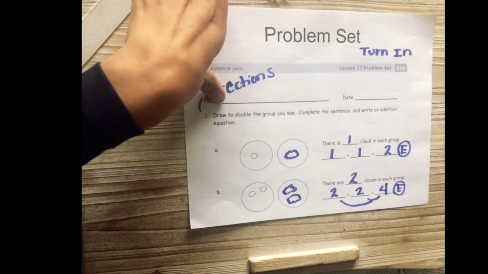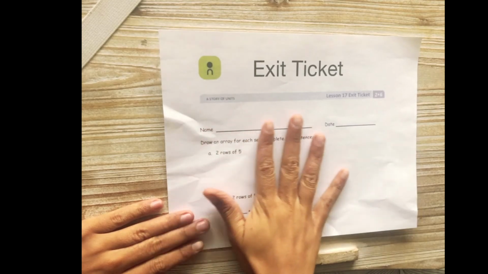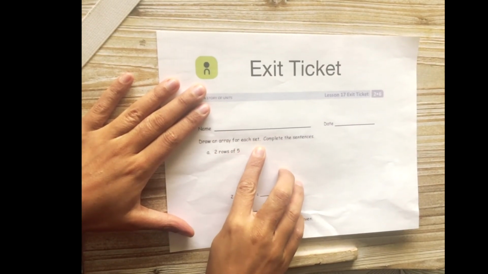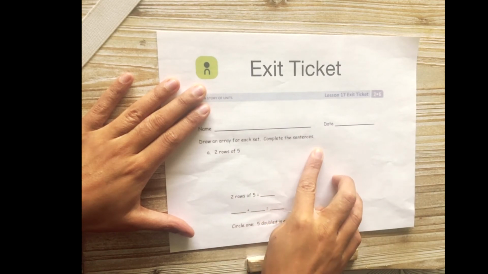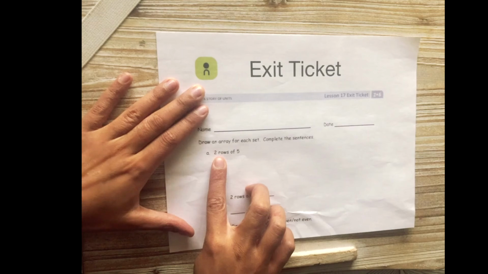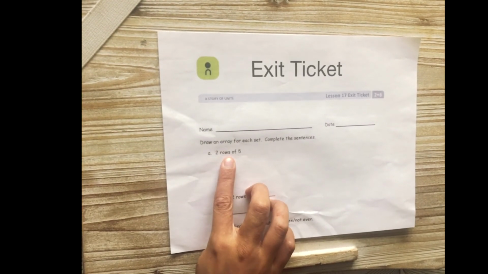Now the last thing I want you all to pay attention to before we get ready to wrap up is your exit ticket. In your exit ticket, you're going to draw an array for each set to complete the sentence. So make sure you're reading and looking at what it is asking you to do. For this first one, it says 2 rows of 5.